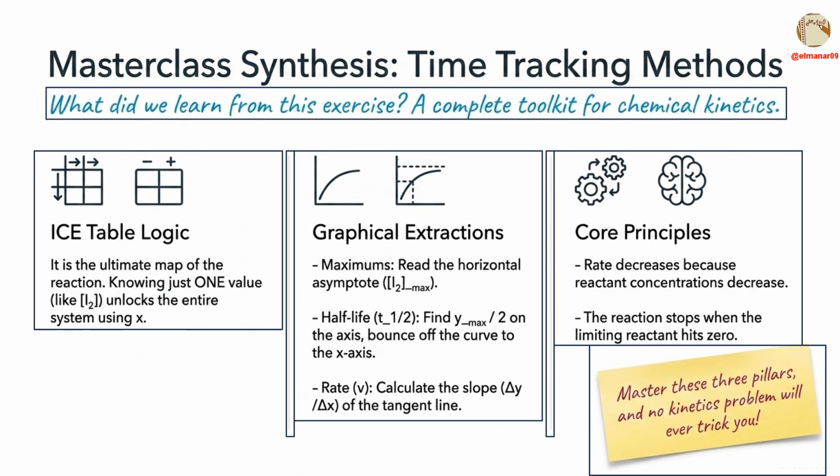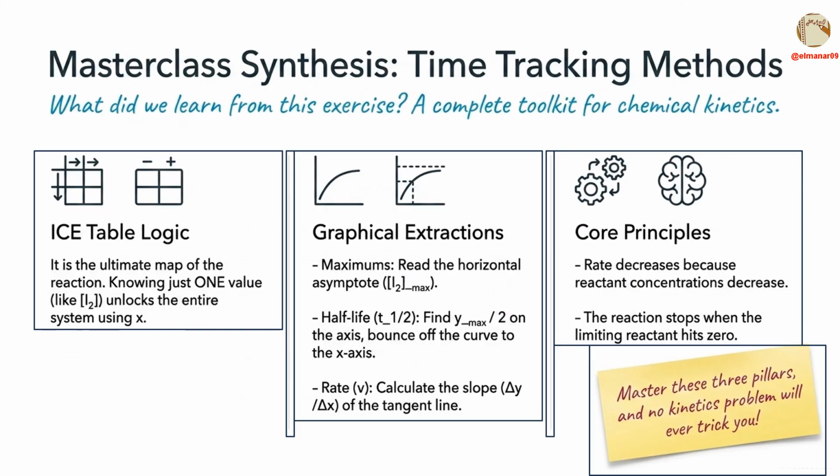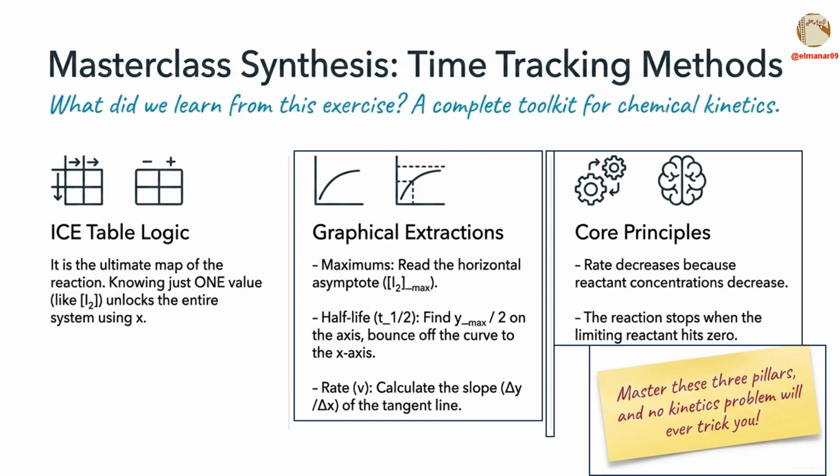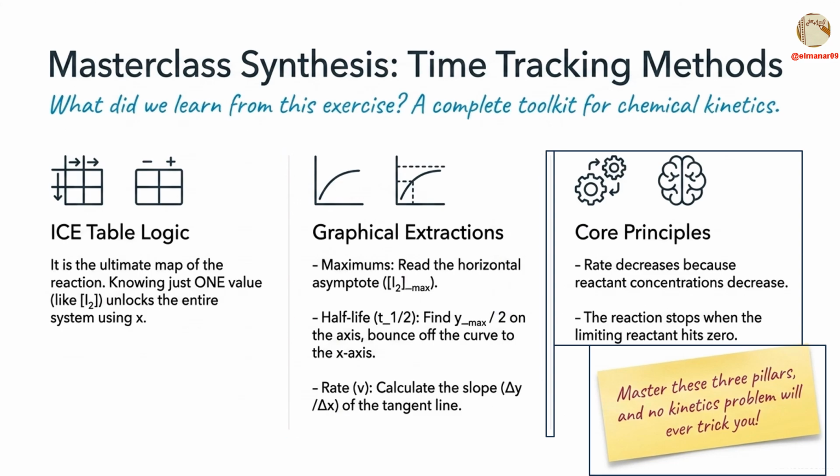Congratulations on completing this masterclass! Let's synthesize what we've learned into 3 powerful pillars. First, ICE table logic. This is your ultimate map. Knowing just one value unlocks the entire system. Second, graphical extractions. The graph is a goldmine.